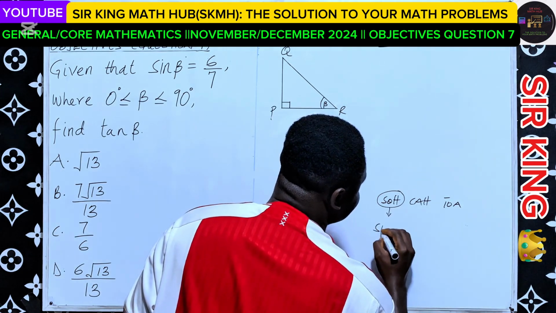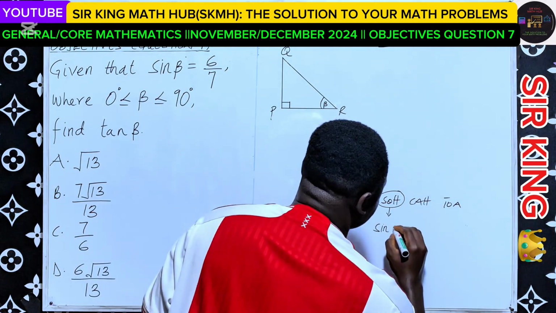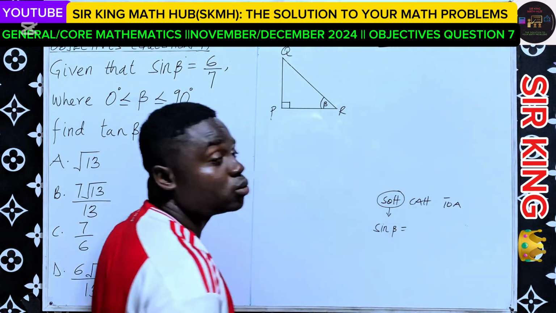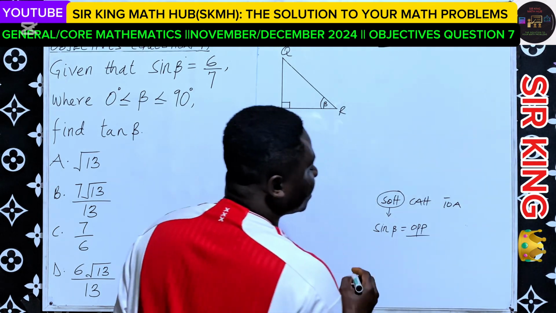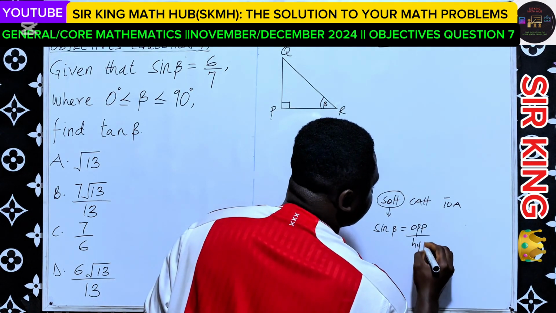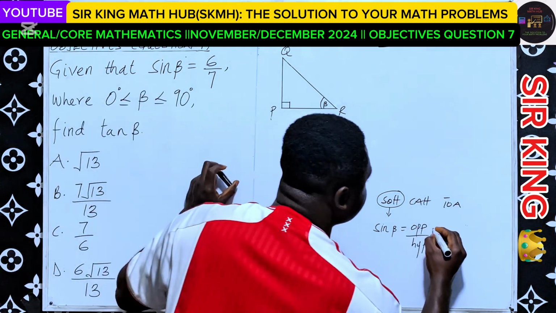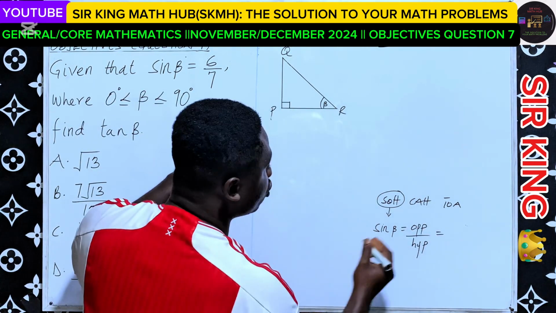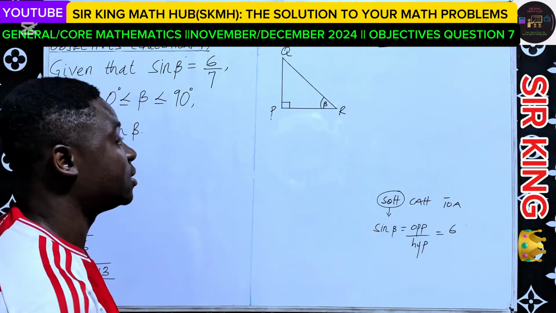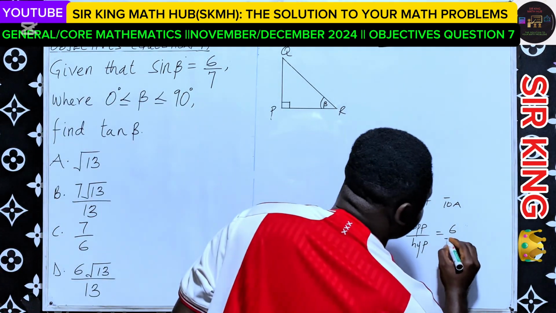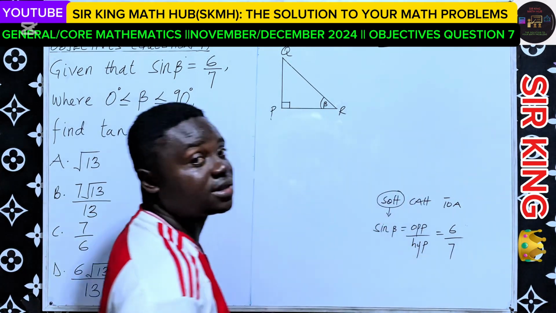SO says that the sine of the acute angle, in this case beta, is equal to the length of the opposite divided by the length of the hypotenuse. So with this, we could see that the opposite here is 6, that is the numerical value of the opposite, and the numerical value of the hypotenuse is 7.